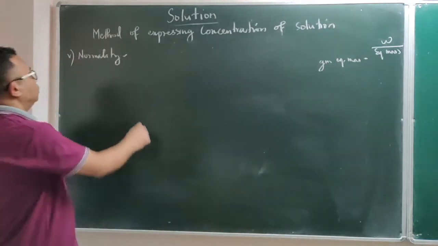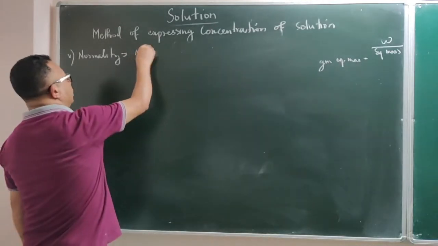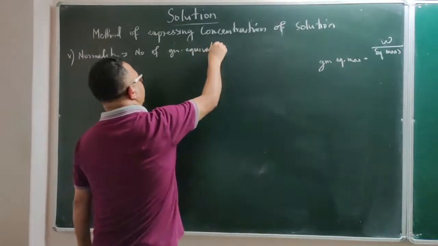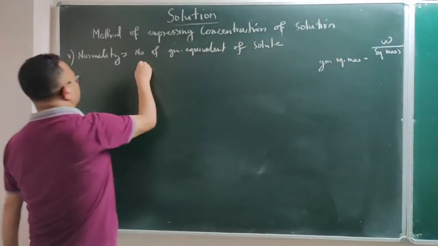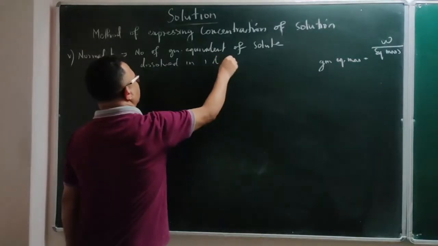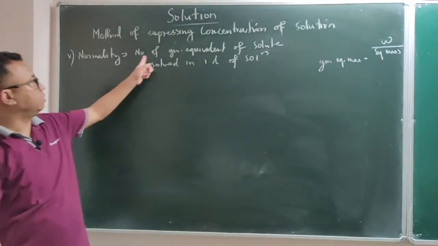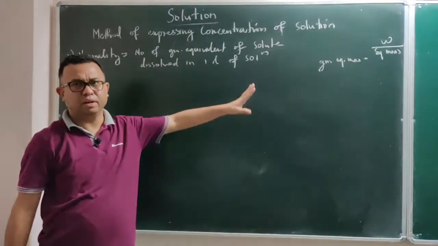So what is normality? Normality is defined as the number of gram equivalents of solute which is dissolved in 1 liter of solution. So it's very similar to molarity, but in molarity you said number of moles, whereas for normality you have to say number of gram equivalents.